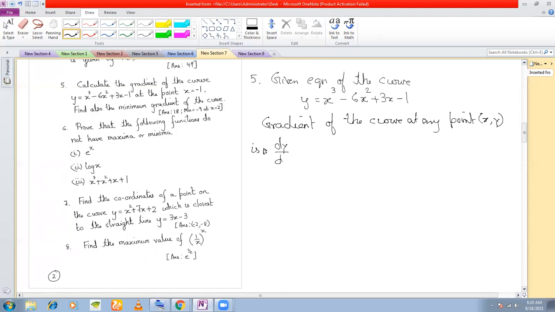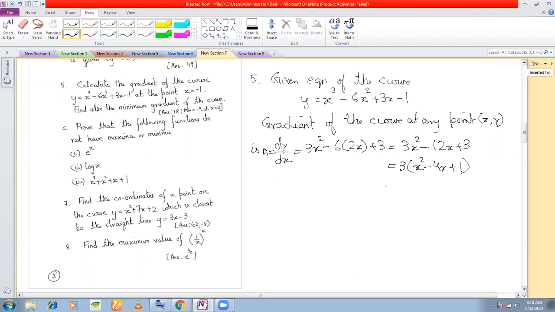Let's call this m. m is equal to the gradient, which is dy/dx, equal to 3x square minus 6 into 2x plus 3, which gives you 3x square minus 12x plus 3, which is equal to 3 times (x square minus 4x plus 1). This is the gradient of the curve at any point (x, y).